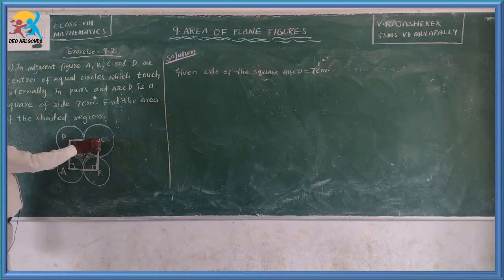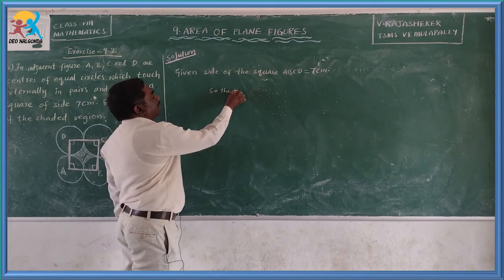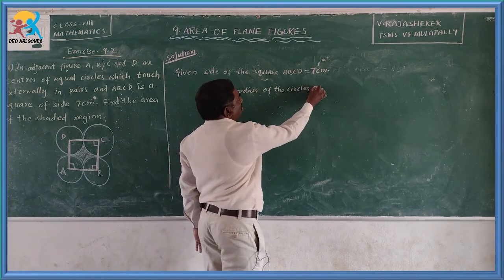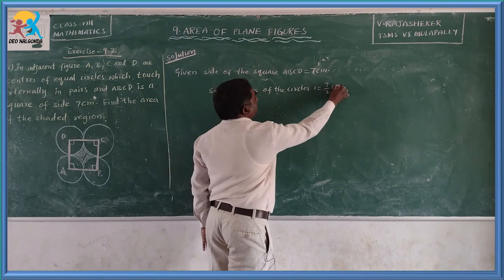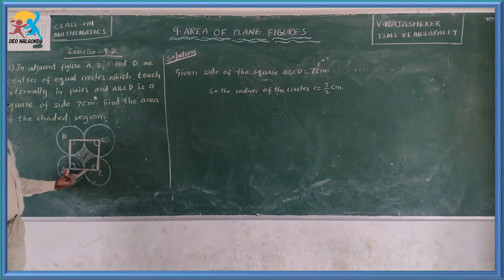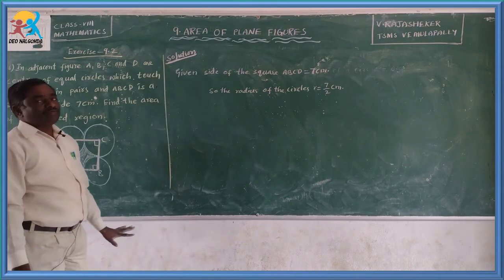CD is a side of the square and half of CD will be the radius. So the radius of the circles, r, is equal to 7 by 2 centimeters. Why? Half of the side of the square becomes the radius of the circle. Now we got the side of the square, and we got the radius of the circle. All circles are equal.